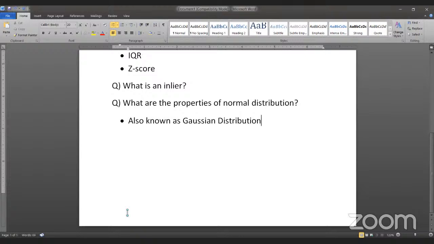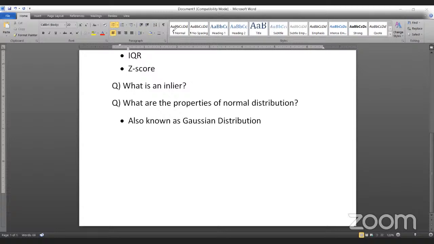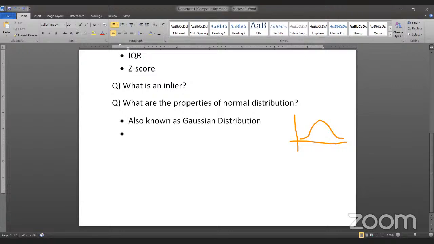It is also known as Gaussian distribution. And if we see this, it is like a bell curve. Something like this.